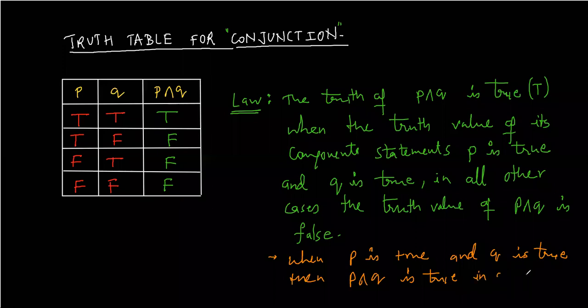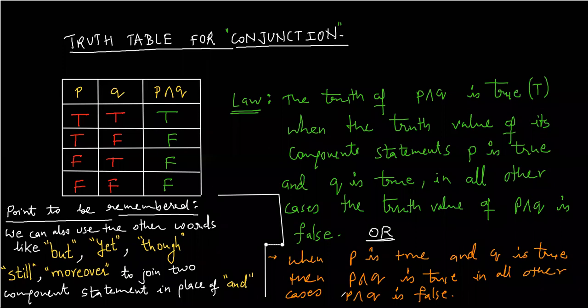In all other cases, P and Q is false. And you have to learn this law, my dear students, because if you know the law, you will know the truth table very easily. Those students who do not remember the law, they struggle.